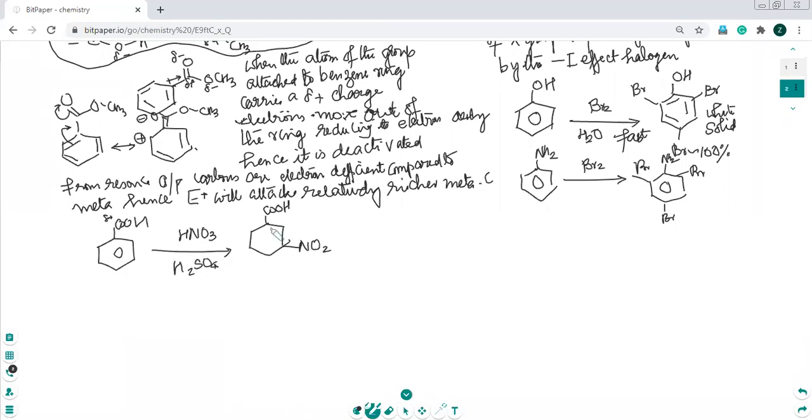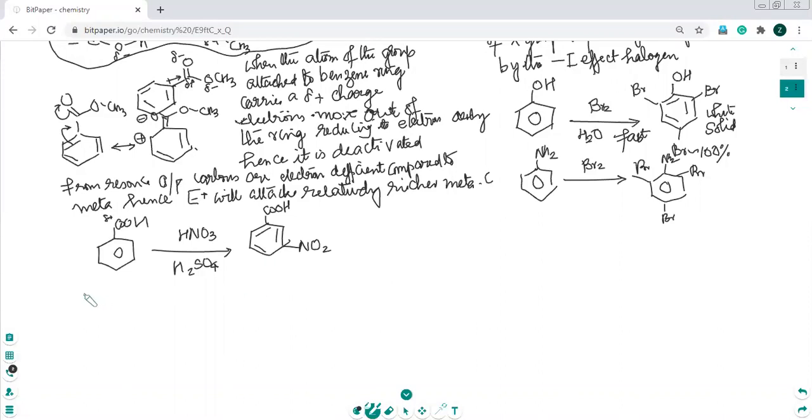Is it clear? So these are the different reactions of disubstitution on benzene ring, and the explanation why they are ortho-para directing or why they are meta directing. Okay, so remember you have to draw the resonance structure for explaining the ortho-para and meta directing effects.